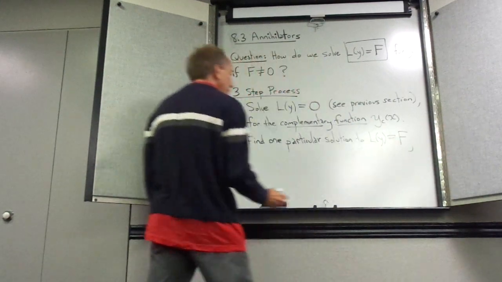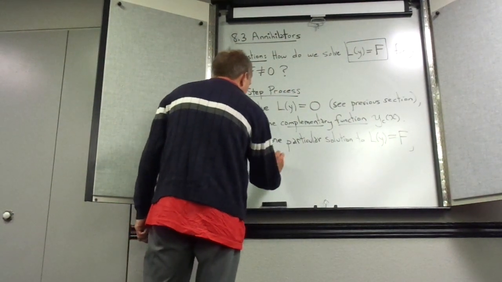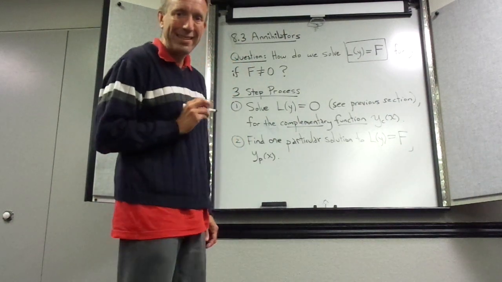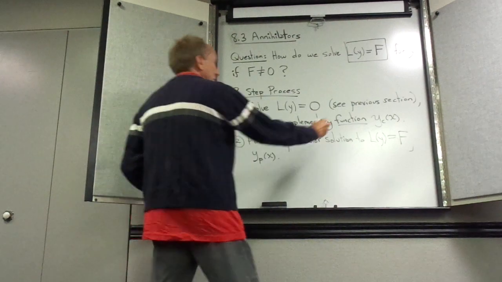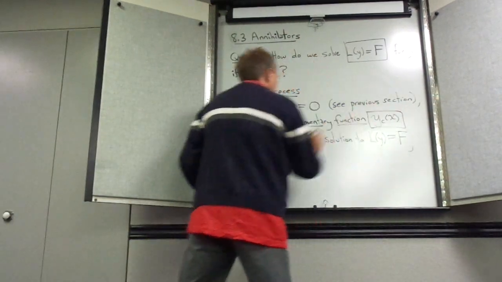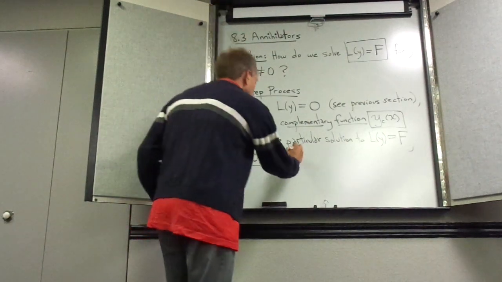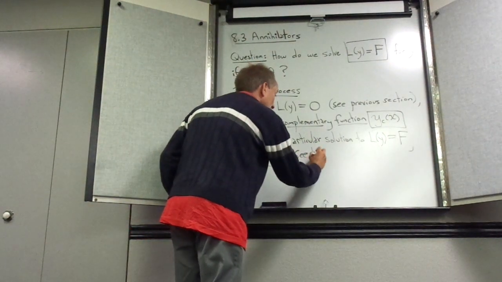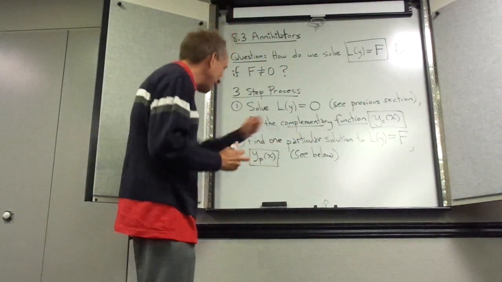Find one particular solution, and this one is usually called y sub p of x. So we have a complementary function, y sub c of x. That's from step 1. Then step 2 is what I'm going to explain in a minute. So for this part, let me just say see below in your notes. In what we're going to do shortly, I'll explain that step.